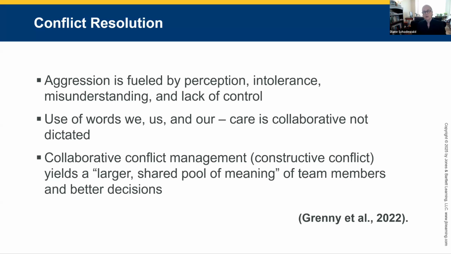And then another important aspect is to think about collaborative conflict management, which is where you use conflict in a constructive way, so that you end up using conflict positively, and then you have a larger shared pool of meaning for the team members, and you end up with better decisions. And all of that comes from Grenny et al. also.